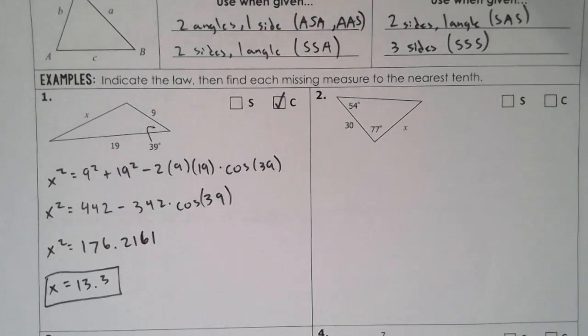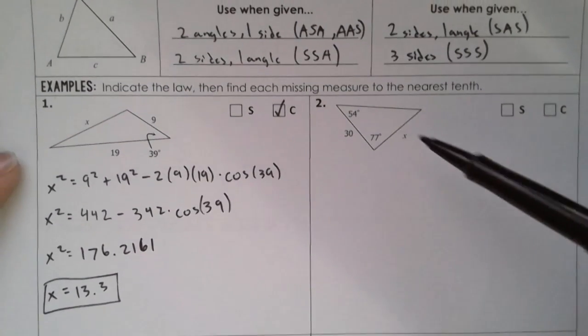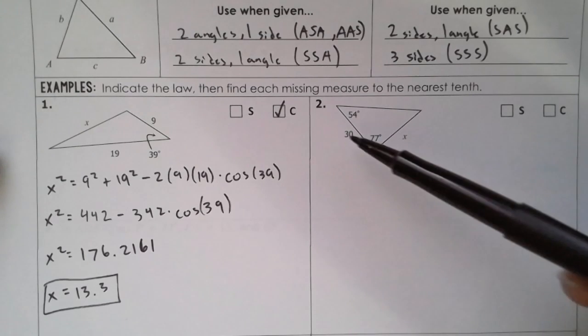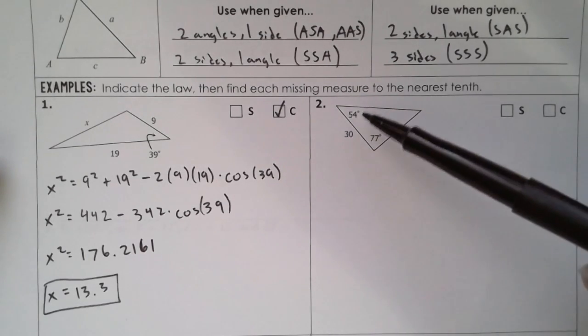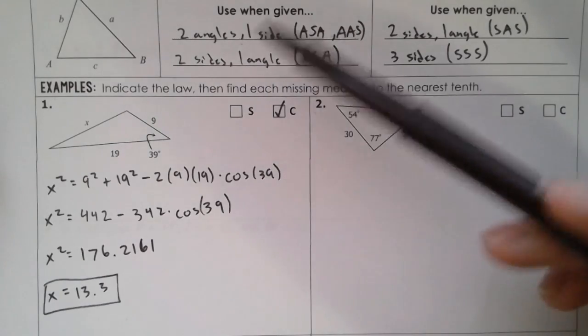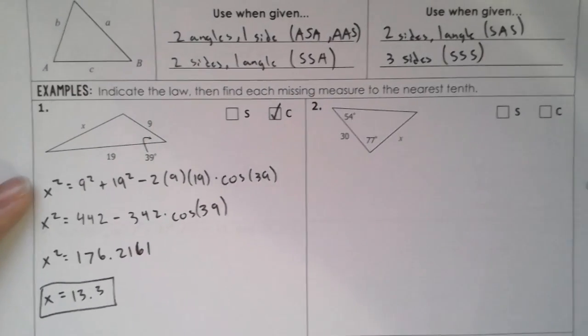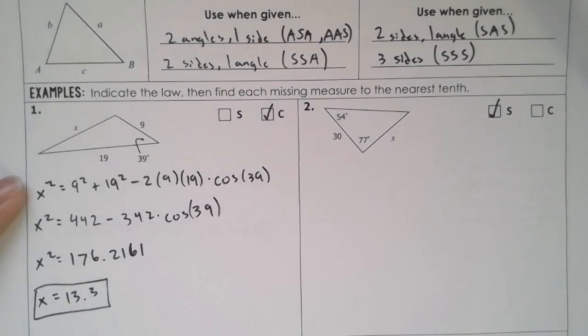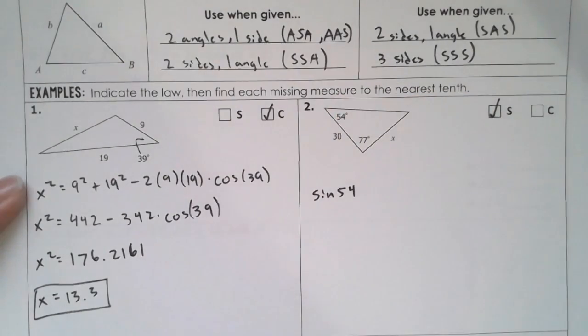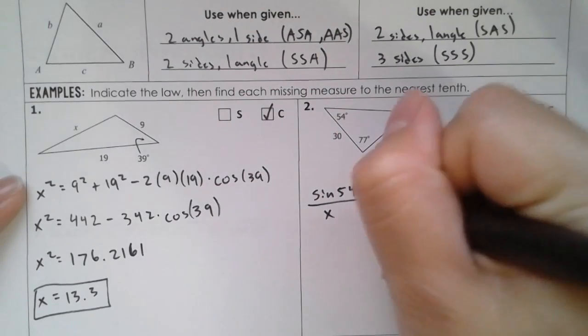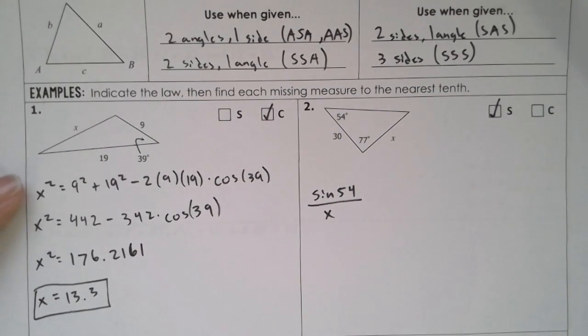So the next one, I'm given two angles, one side in between them, and I need to find the other side, right? So angle side angle. So this is going to be law of sines. So I have the sine of 54 over x is equal to, and then this is one of those triangles where I'm going to need to find that other angle, right?